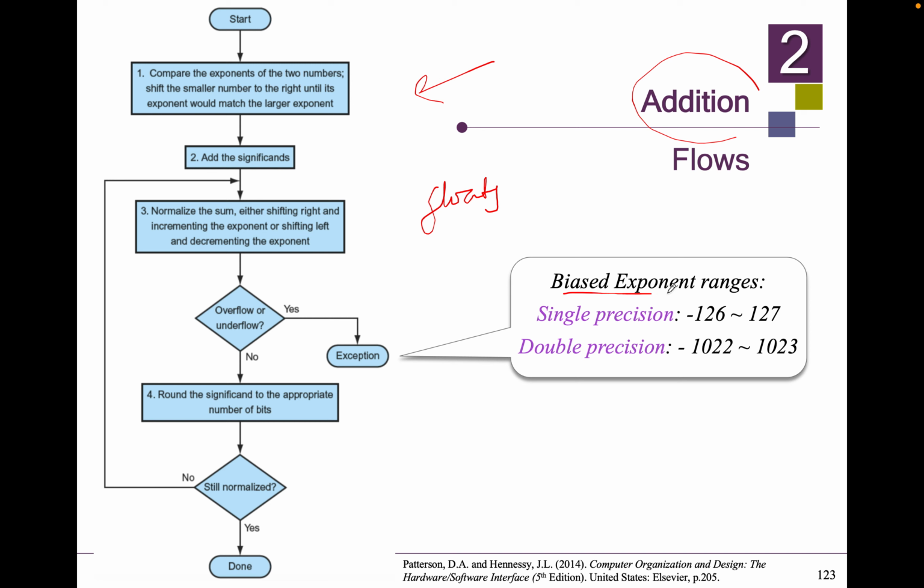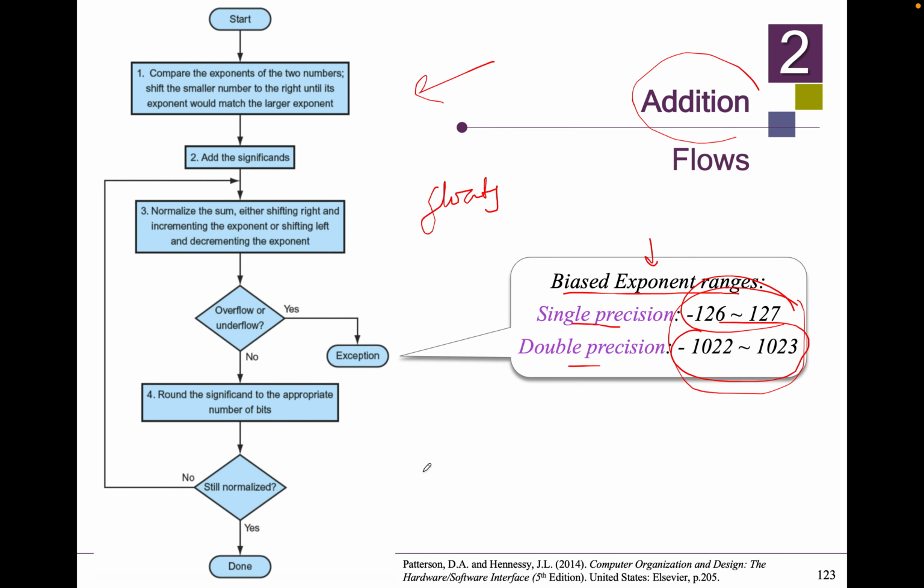You need to know what we already learned on the biased exponent range. For single precision, we have minus 126 until 127 for the biased exponent, and for double precision it is minus 1022 until 1023.